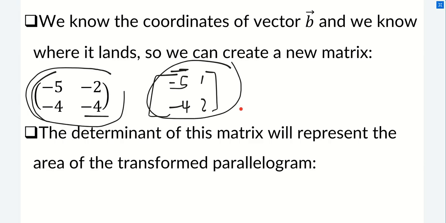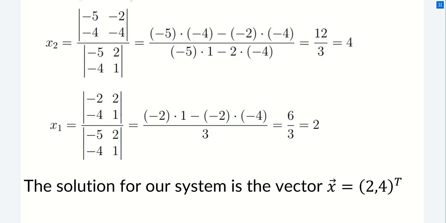So this is a new area we are going to find, and that is what I showed you. So let's go and find out. All right. So if you take x2, here this is our column 1, this is our column 2. If I want to find x2, I need to replace the second column by my targets, which is the -2, -4, as I showed you here.